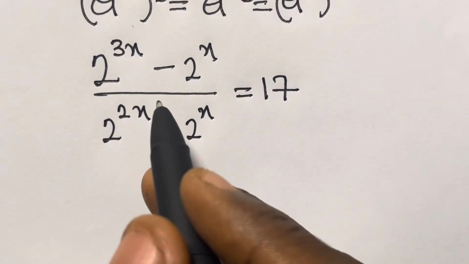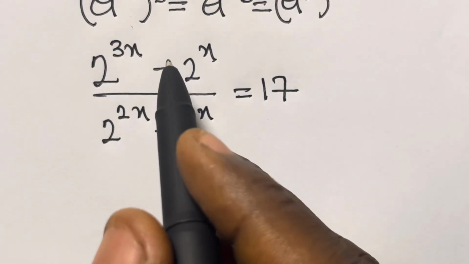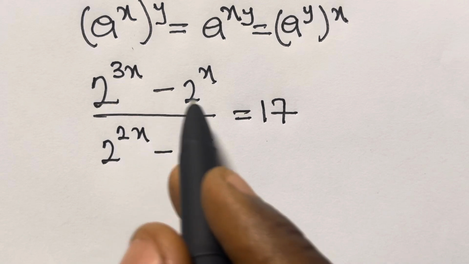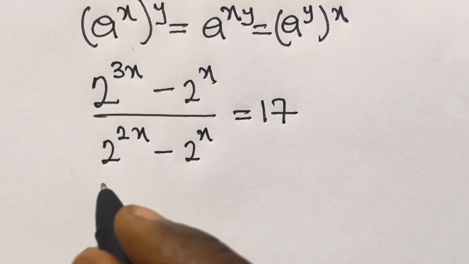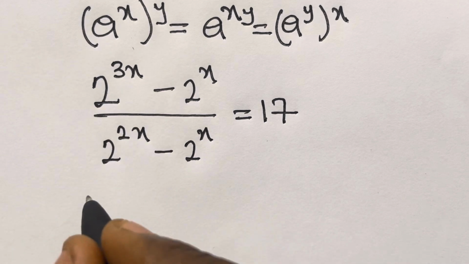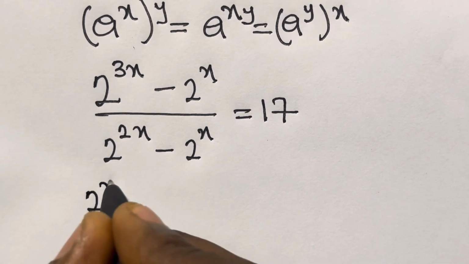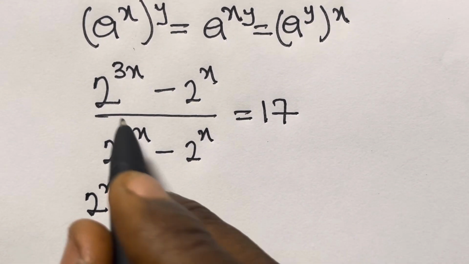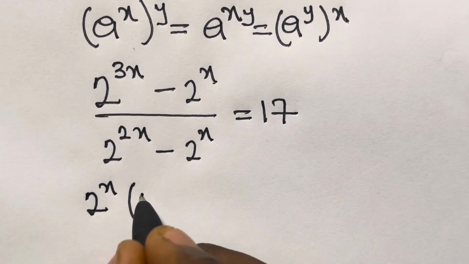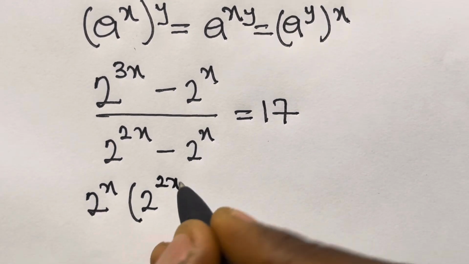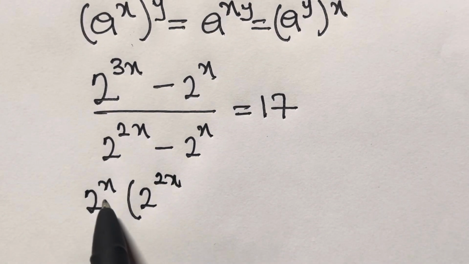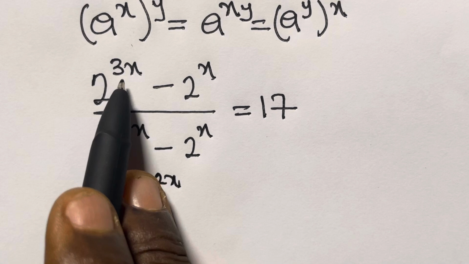But we observe from this same law that we can factorize 2 raised to power x out, so that we have 2 raised to power x multiplied by what will be left here. We will have 2 raised to power 3x minus x, that is 2 raised to power 2x, because if you see this has the common base, so their powers when subtracted will give us this.